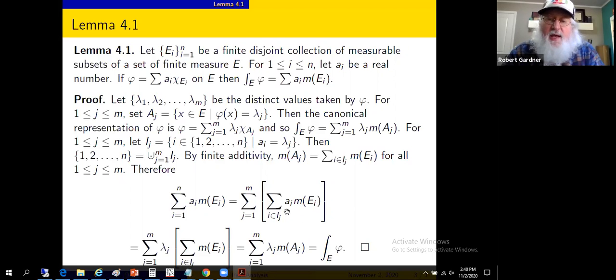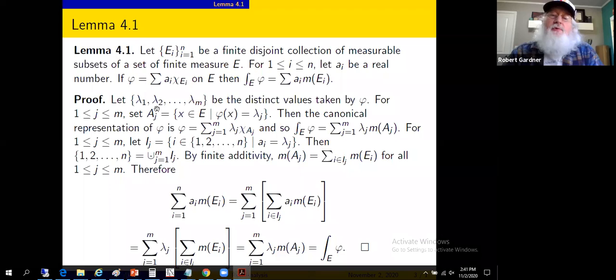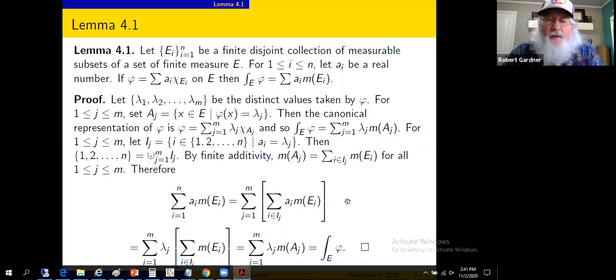So we're about to use that. And we're letting j range from 1 to m here. j equals 1 to m, we're going through and finding where A sub j, where the function takes on the value lambda 1, where the function takes on the value lambda 2 when j equals 2, and so forth, up through j equals m. So j ranges from 1 to m, because that's how many distinct values we have.